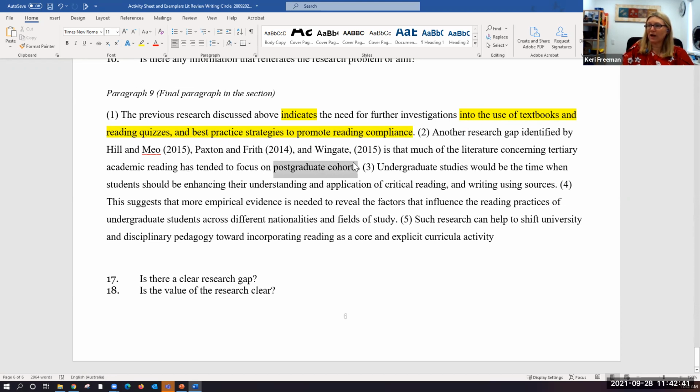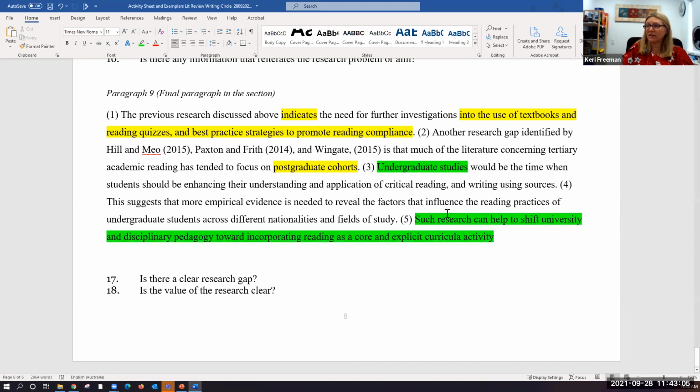We've also got another gap about the researchers looking at postgrads, but it's undergrads that are the ones that would be needing to implement and improve their understanding. So see how bringing it back to one of the variables in this study by saying undergraduates, we need to know more. And then we've got that final sentence here, which is really important as well.